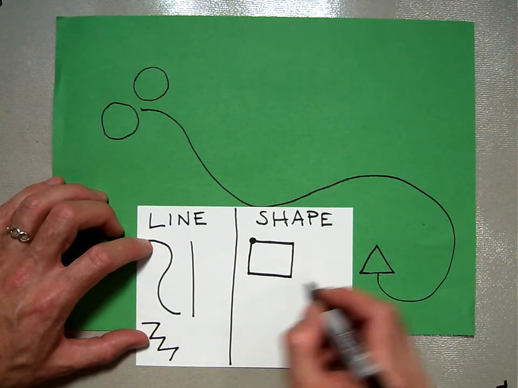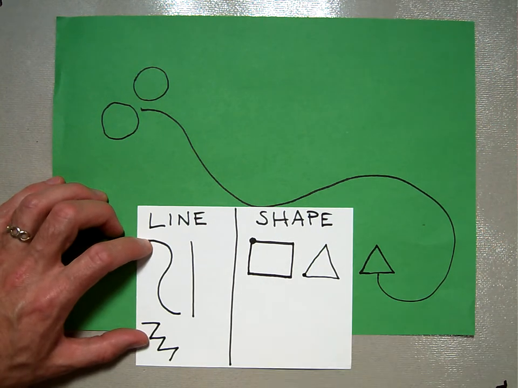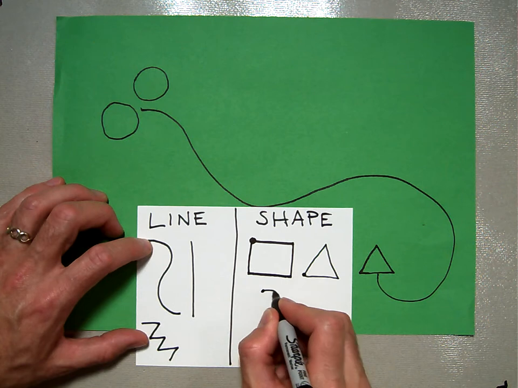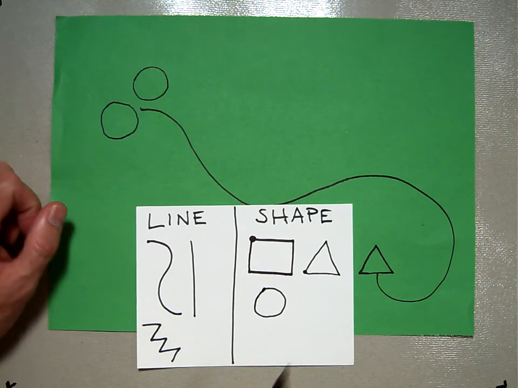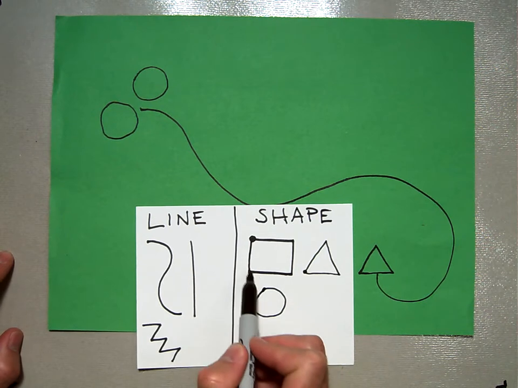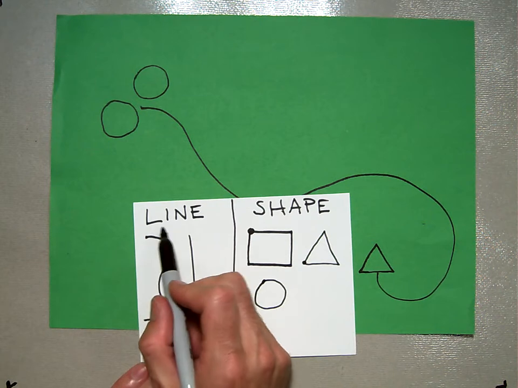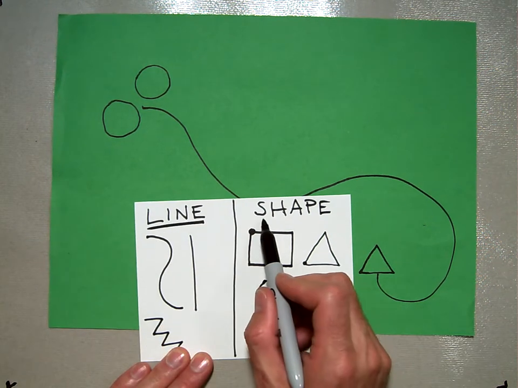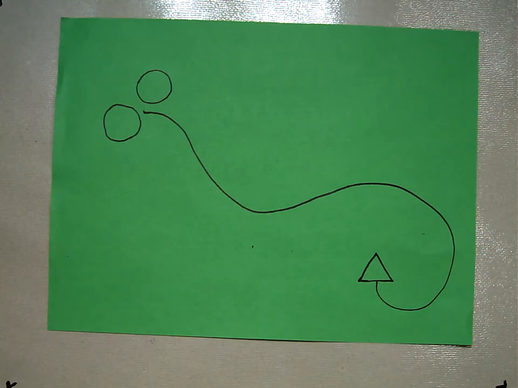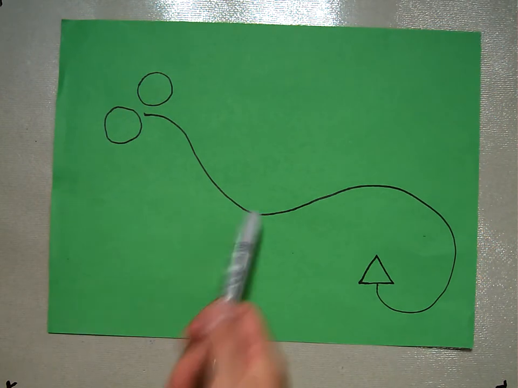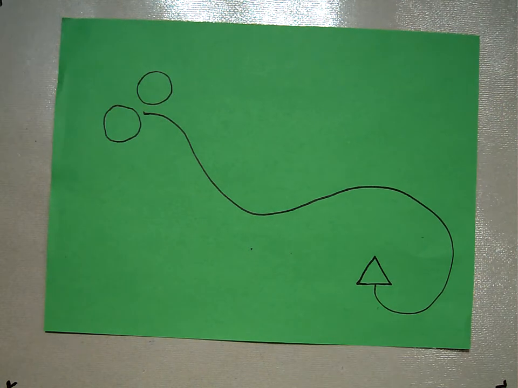It could be a square, it could be a triangle, it could be a circle, but anytime a line starts somewhere, goes somewhere else, and ends up back where it started, you have a shape. And those are our first two elements of art, line and shape. So you can see in our demonstration already we've used, yes, a line and three shapes, two circles and a triangle. So we're going to continue here.